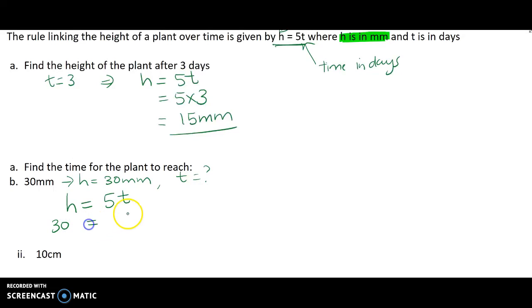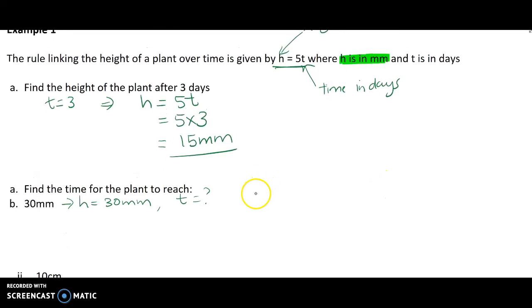So 30 is equal to 5t. What do we do to find t? Yep, we divide by 5 on both sides. So that cancels off, and time, 30 divided by 5 is 6, because it's in days. So time is 6 days.